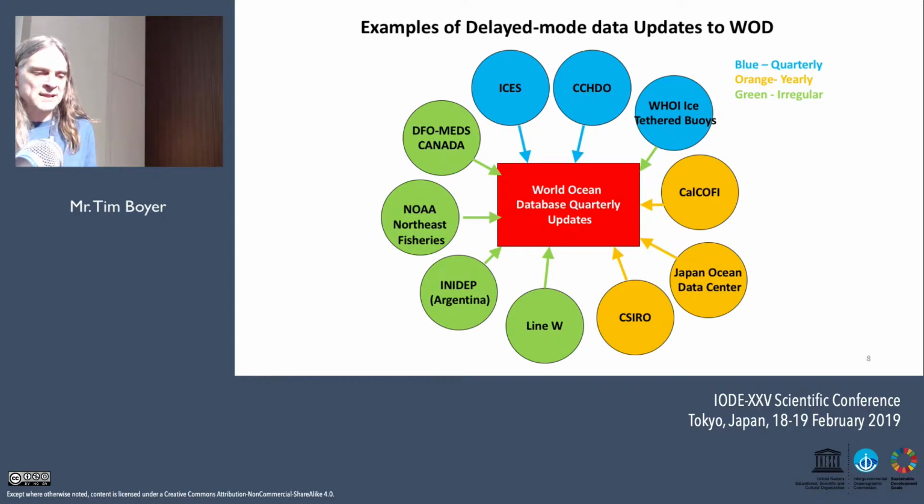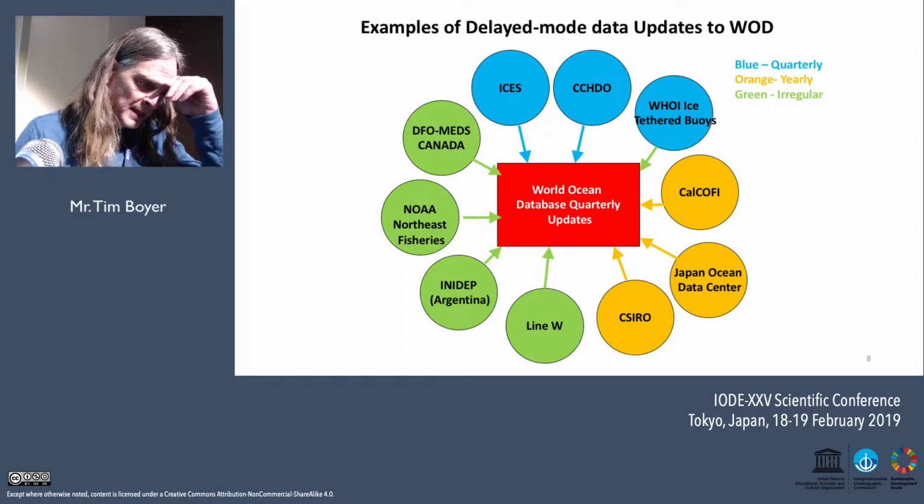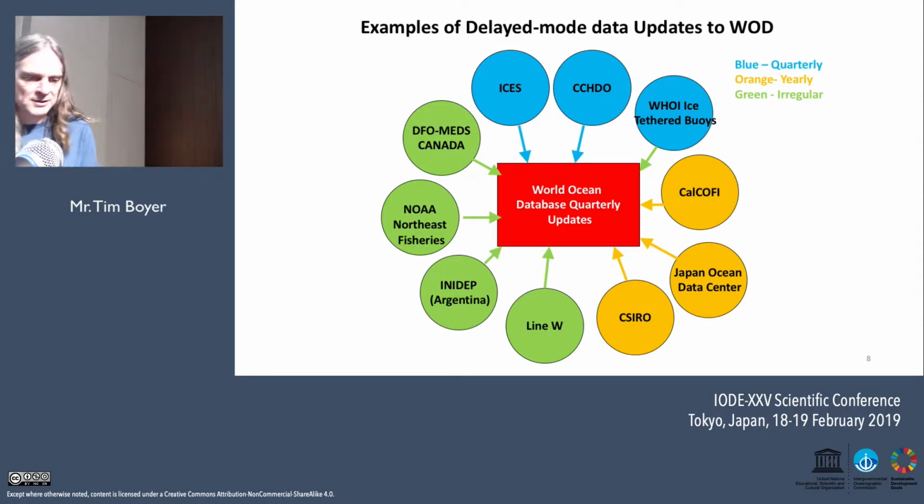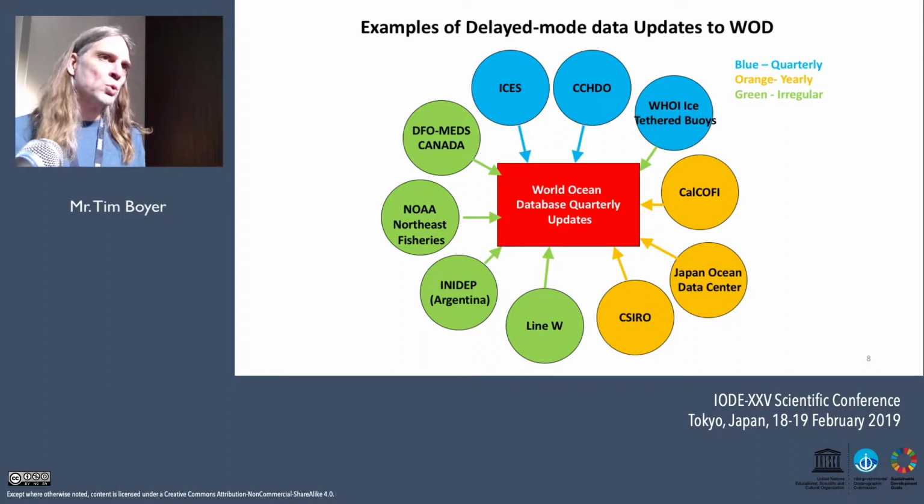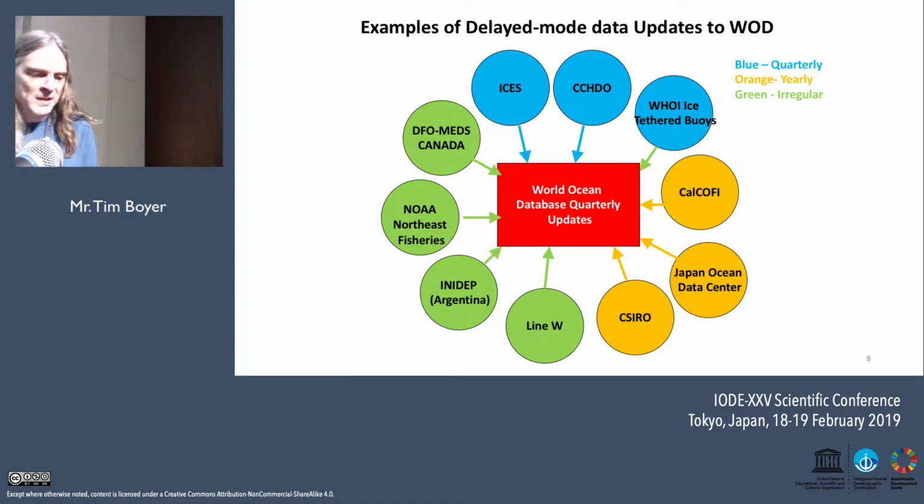So quarterly, we get data from ICES, International Council for the Exploration of the Sea, based in Copenhagen, CCHDO, the Ice Tethered Buoys, and different others. And when I say we, at this point, it's NCEI as a data center that is getting some of these data, like from Canada or the Japanese Oceanographic Data Center at different times, INIDEP in Argentina, different entities within NOAA.